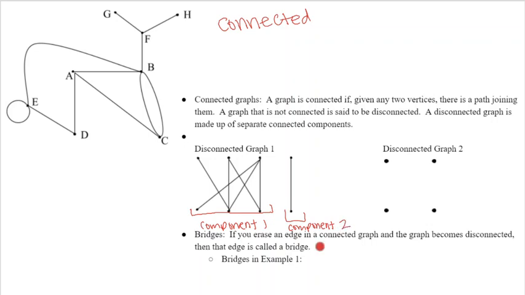There are 2 separate pieces to this graph because, for example, there is no path from this vertex to this vertex. This is also a disconnected graph. It is 4 vertices and no edges. So this actually has 4 components.